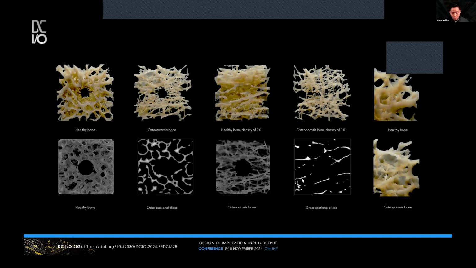On that model, as you can see, if the model has a cross-section slice, in the healthy bone there is a more continuous structure in those slices, but in the unhealthy bone, the cross-section appears more separate and the structure is discontinuous, and the transparent thin area on the right-hand side is more transparent.